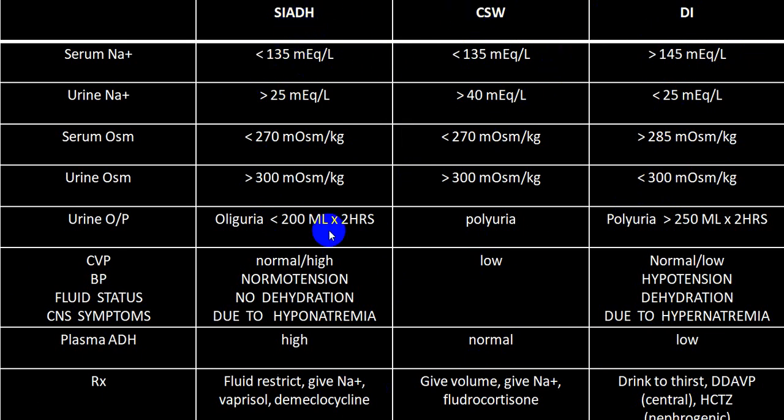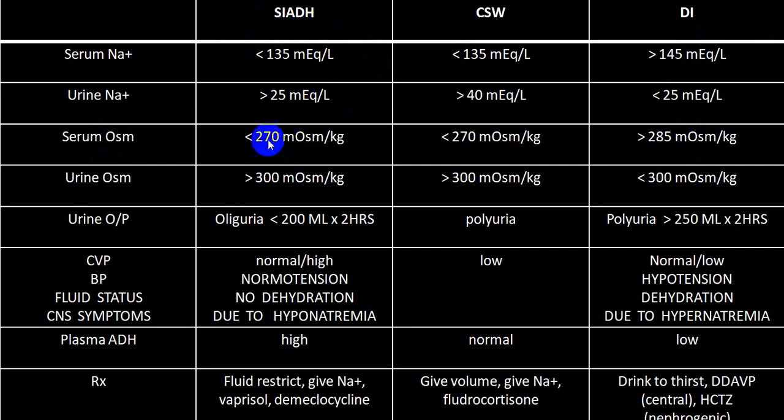I will not be discussing in more detail because it is very difficult to differentiate these two, but try to differentiate SIADH from diabetes insipidus, and that is very easy by doing serum sodium, urinary sodium, serum osmolality, because serum osmolality in diabetes insipidus is always more, while in SIADH it is less, and serum sodium is also less because plasma osmolality starts reducing. So try to do that.